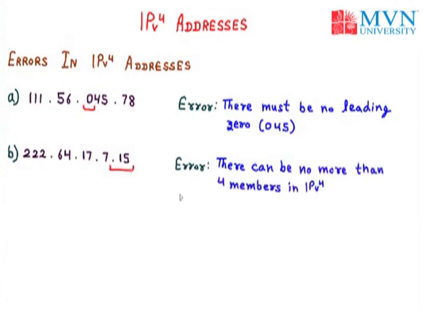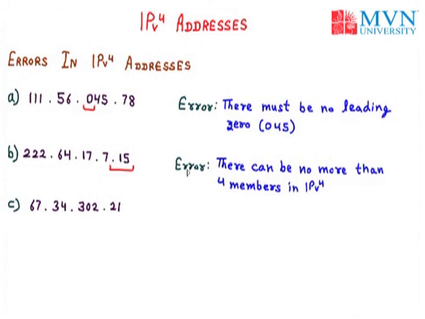Now let's take the third example of an IPv4 address: 67.302.21. We have to find the error in this IPv4 address.